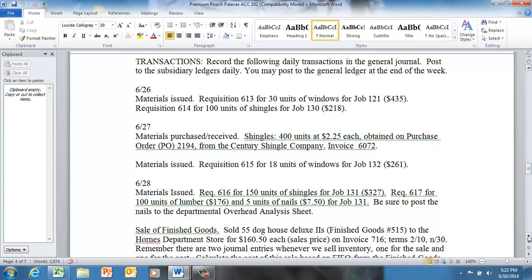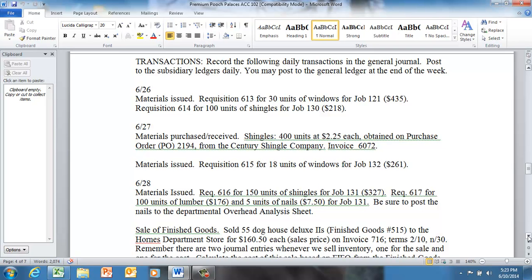When we go to put this on our journal entry, you can make those two separate journal entries, or you can just put them together. I'm going to put them together, and if I add the 435 and the 218, that's 653. Okay? And we need to know our job numbers and our requisition numbers to be able to put the information into the journal entry and post it to the subsidiary ledger.